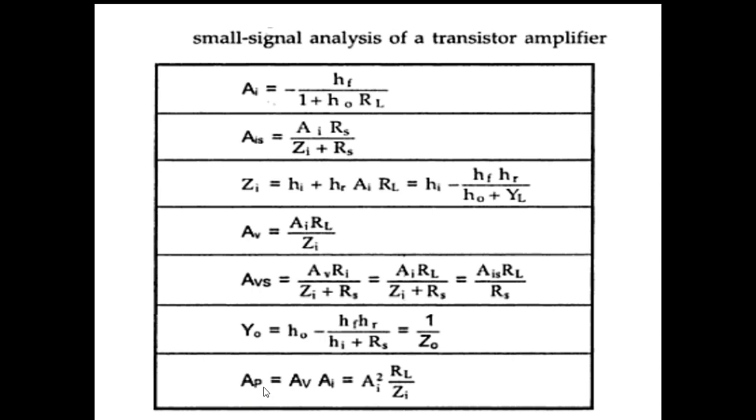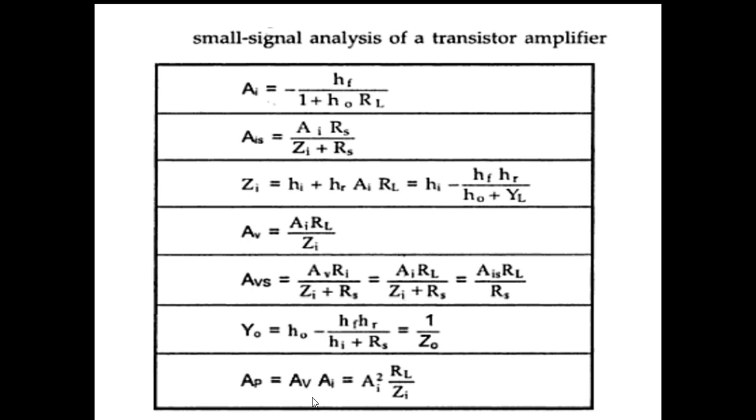Next, the last one. After calculating the voltage gain and current gain, you can also calculate the power gain, AP. Power gain is equal to the product of voltage gain and current gain. This also equals AI square into RL by ZI, or AV into AI.